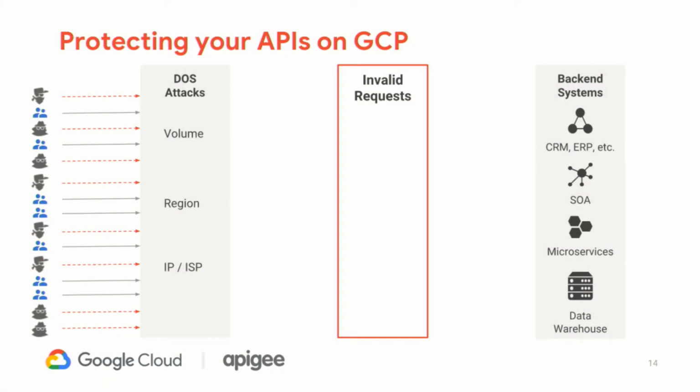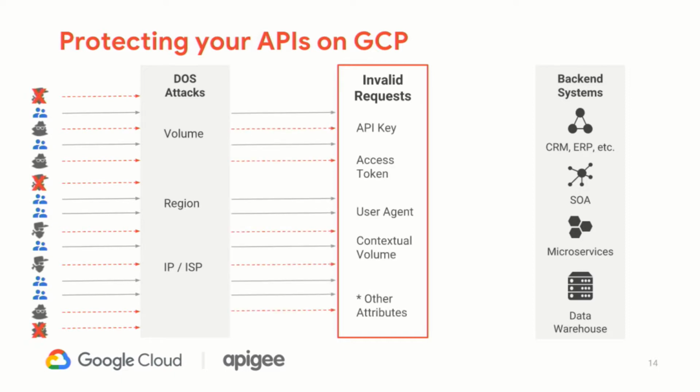If you look here, we've got the ability to do volume-based and region blocking based on known bad ISPs or IPs, and that'll block your DOS attacks. But a lot of things will still get through because these malicious bot creators know how to stay under the radar. They know that if they send millions of requests a minute, this will be blocked.